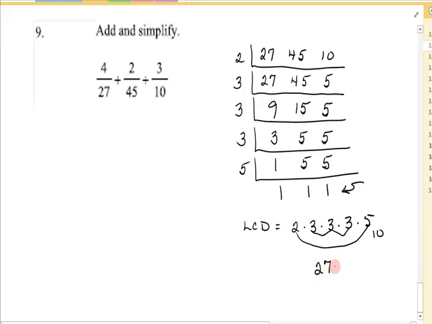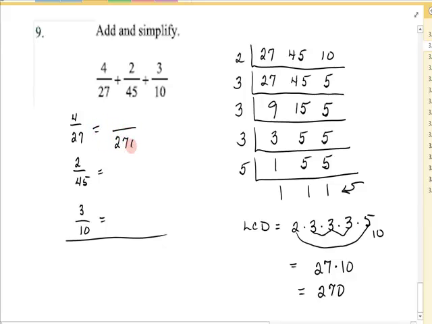So this is 27 times 10, or 270. That was just my way of grouping those to make it a little easier. So I have 4 over 27 plus 2 over 45 plus 3 over 10, and the common denominator is 270.